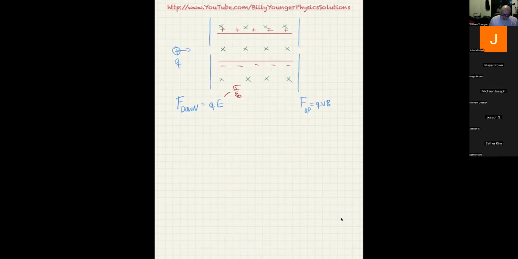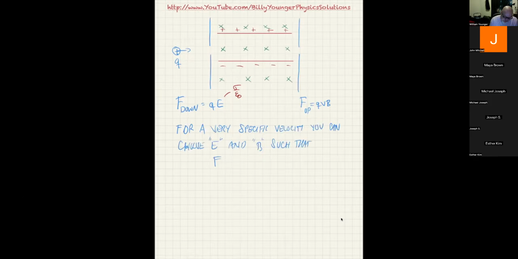So if you have exactly the right velocity, for a very specific velocity, you can choose E and B such that F down or F up, I don't know why it keeps changing that.